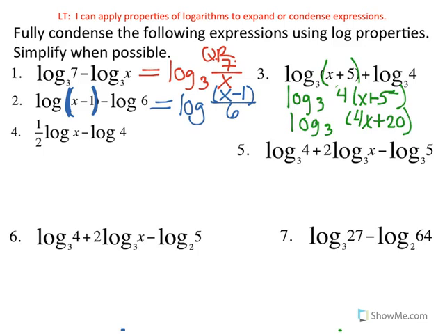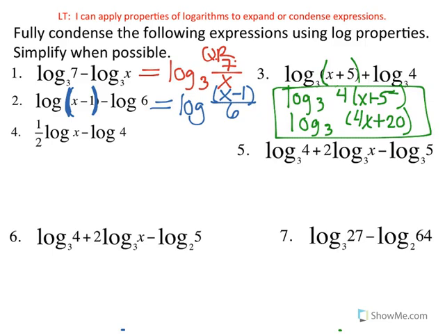Either one of those answers will be correct for me, and you can't simplify that any further. 3 to what power equals 4x plus 20? I don't know, and you probably don't either. There's not really a way to figure that out. So either one of those answers would be acceptable.